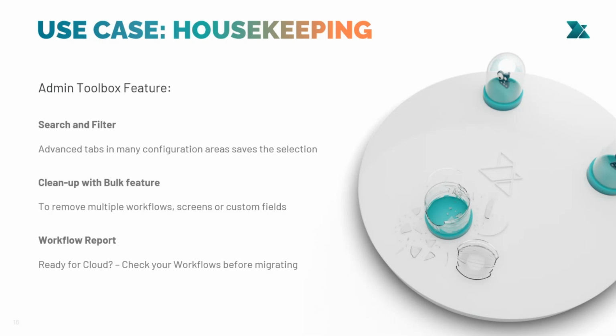We can use for cleanup a bulk feature to remove multiple workflows, screens, or custom fields. And I will have a short additional feature that we're gonna have a look at, the workflow report. So if you want to get ready for cloud, check your workflows before you migrate. Let me demonstrate that.